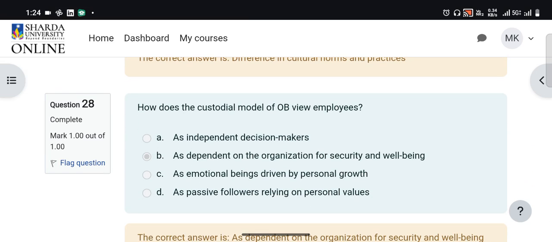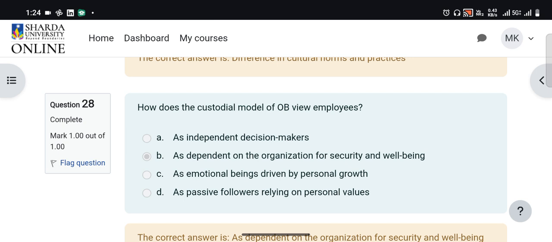Question number 28. How does the custodial model of OB view employees? Option A, as independent decision makers. Option B, as dependent on the organization for security and well-being.